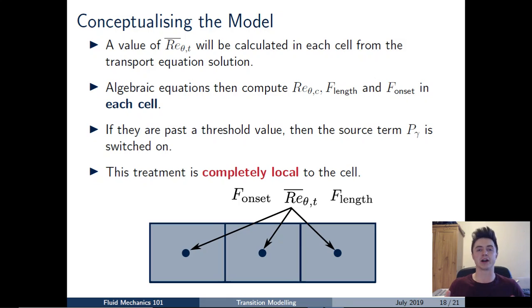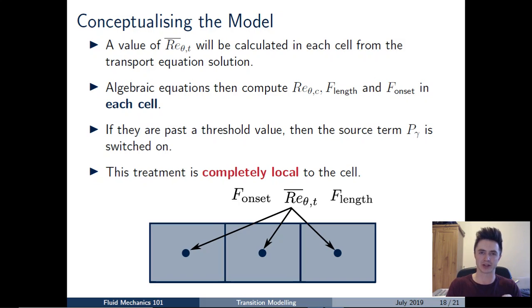And once we have a value of Re-theta t in all of the cells, we can use that to calculate values of f length and f onset in each of those cells in the domain using some empirical and algebraic relationships. And if these values are beyond a certain threshold, so if f onset is turned on and f length is turned on, then we're going to have a production of intermittency in each of those cells.